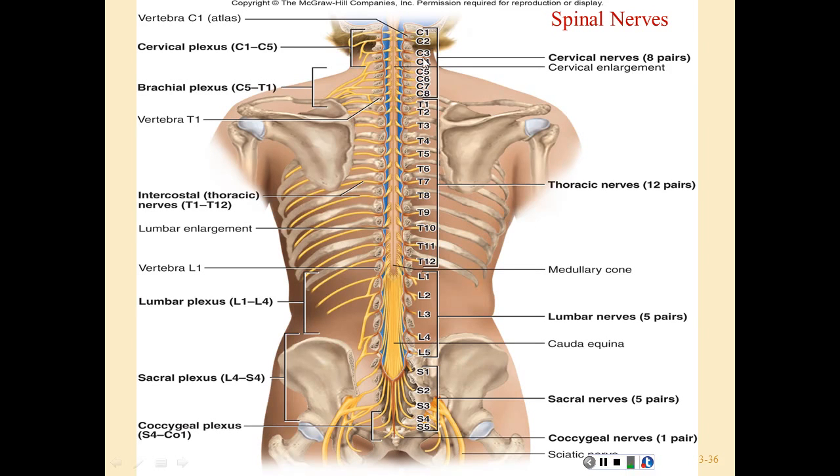So with that, you see that this is 1, 2. This is our vertebra C2, and we have our spinal nerve C2. Notice that the nerves are going to emerge inferior to the bone.